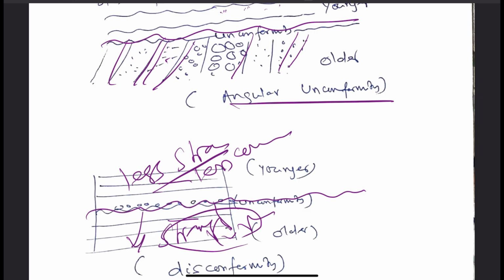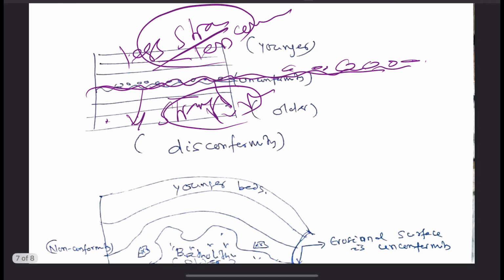So older rocks are always more consolidated than the younger ones, which are loosely consolidated. And this erosional surface is indicated by the presence of these conglomerates. So disconformity presents the sedimentary rock strata both on the top and the bottom, and the bottom are older, followed by this unconformity, then over the unconformed surface we have the younger sequence of beds.